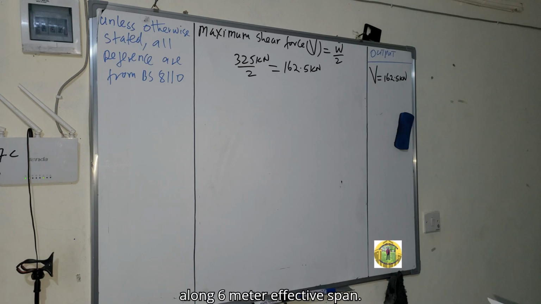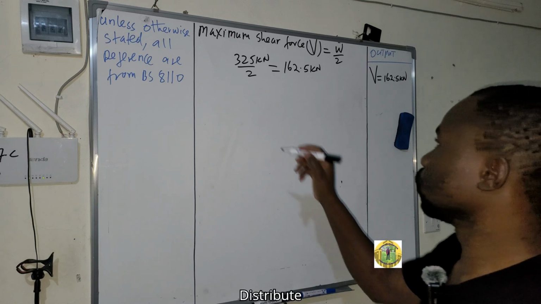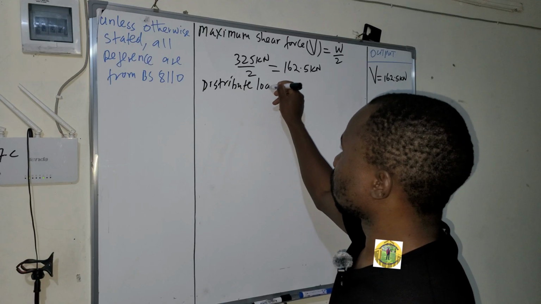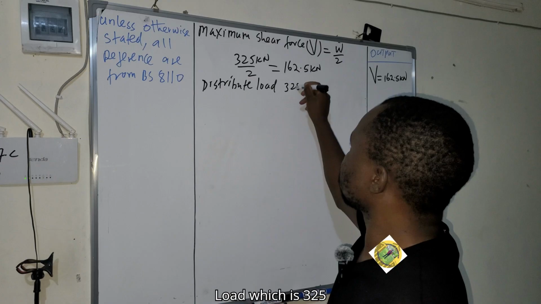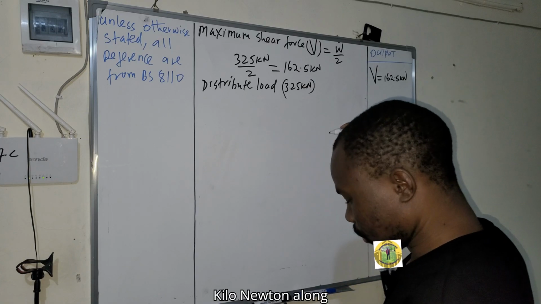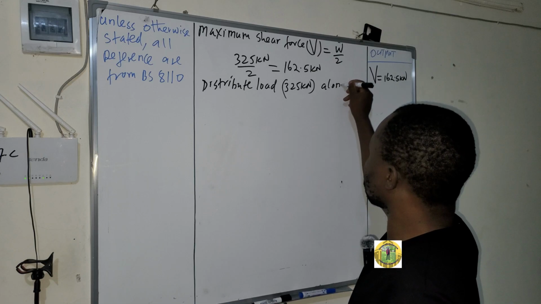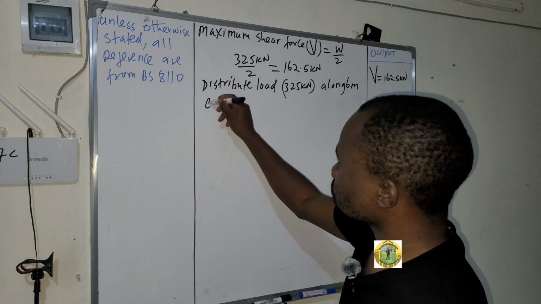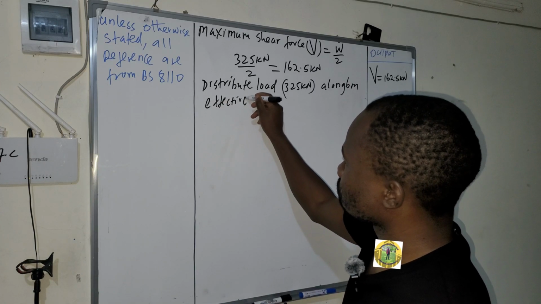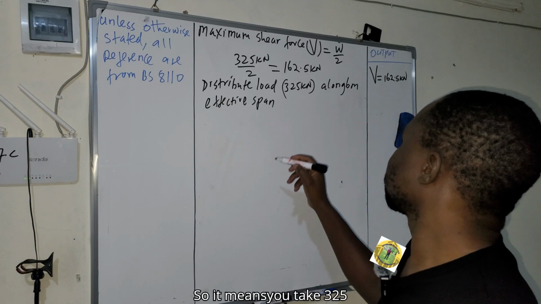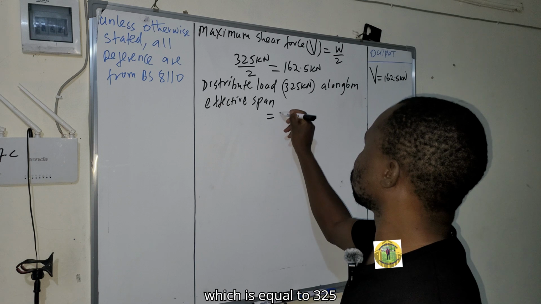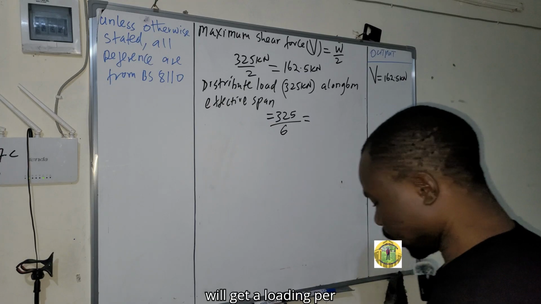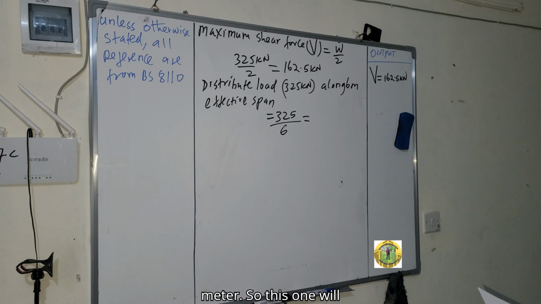After doing so, distribute the load along the 6 meter effective span. Distribute the load, which is 325 kilonewton, along 6 meters effective span. So you take 325 and divide by 6, and you will get a loading per meter.